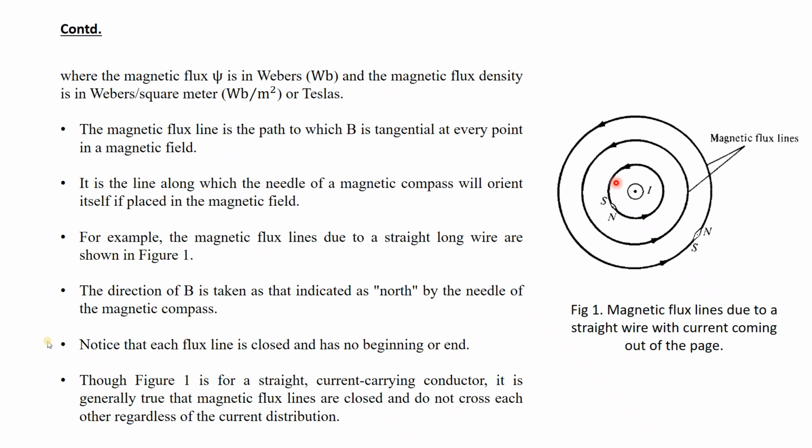This is one point. And if you take any bar magnet close to a compass, then the compass needle will also deflect. That is why the compass was used in ships and in many vehicles.